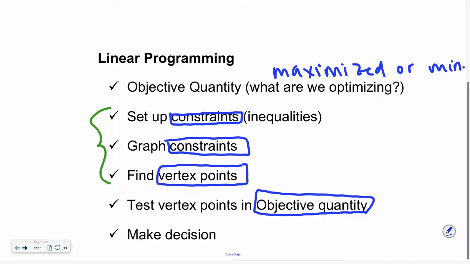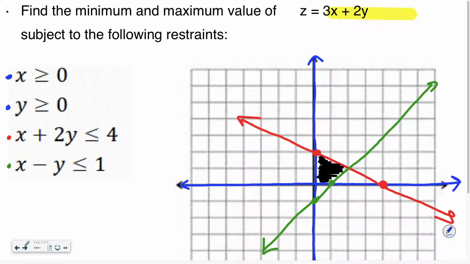Okay. So your first example, I already have graphed for you on your paper, and I kind of color coded it up here. So z equals 3x plus 2y. That's the objective quantity. Notice how I'm still using the variables x and y, but it equals a different letter.